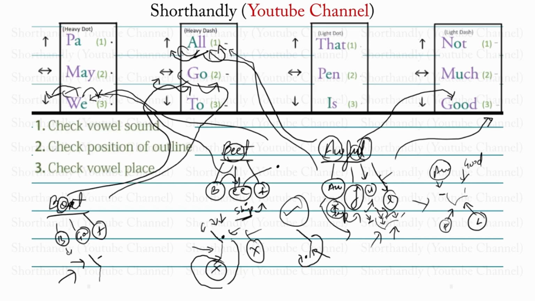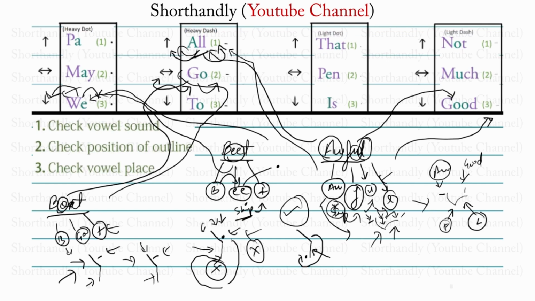Then we attached this T, and then we finally put the vowel in the end, this dark stroke on the second place. This is a dark stroke, this is a vowel which is a dark dash, and this is our light stroke, which is our T. So that's how you make the word boat.